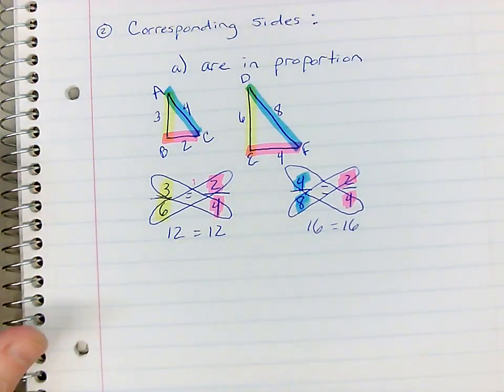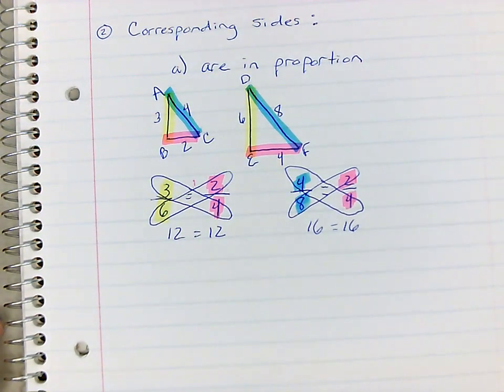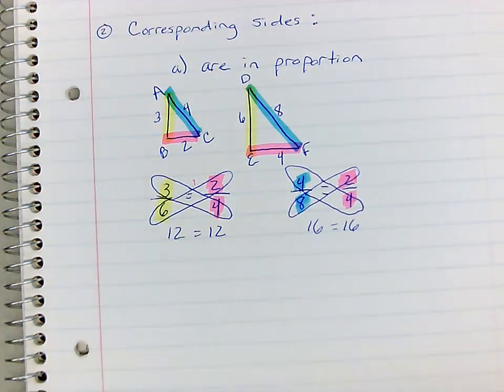So when you see that, that verifies for you again that that smaller triangle, its sides are in proportion or corresponds to the larger triangle. So that is one way you can look to see if you have similar figures.